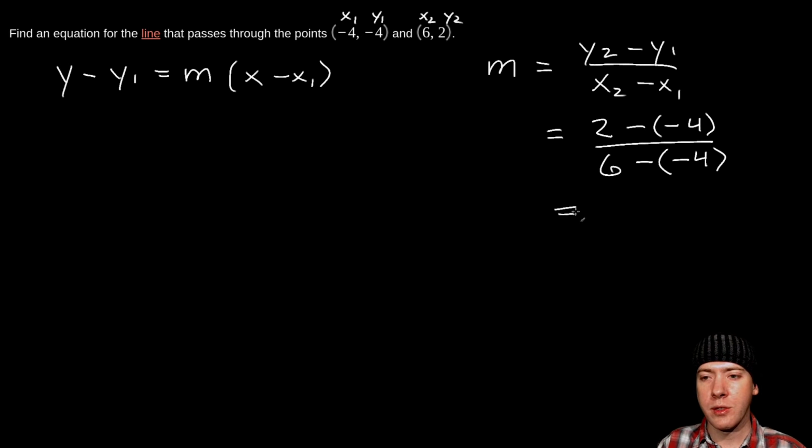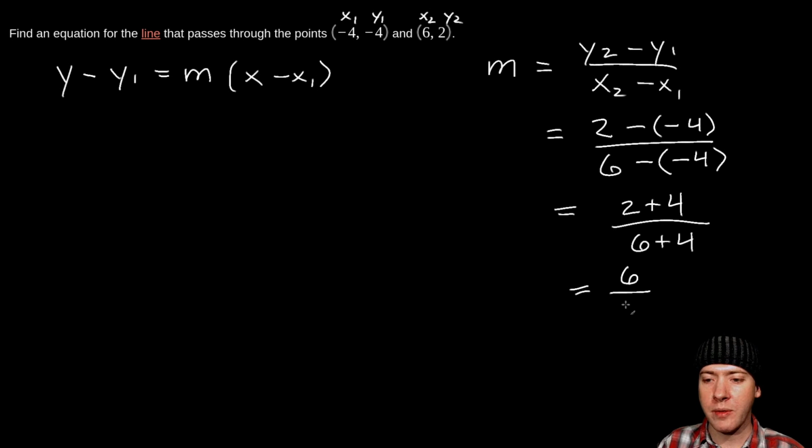Okay, so on the top, this means 2 plus 4, right? And on the bottom, we have 6 plus 4. So on the top, we have 6. On the bottom, we have 10. And we can reduce this fraction to 3/5.